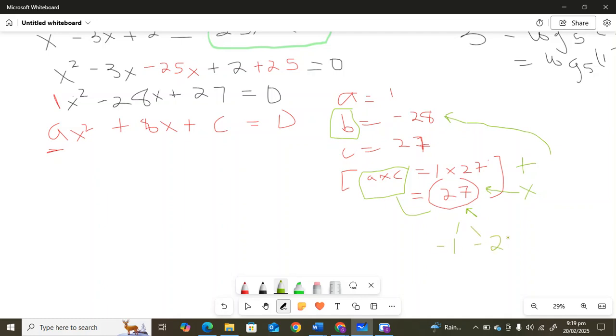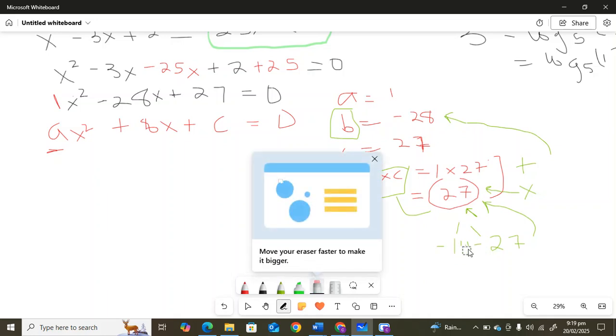Negative 1 and negative 27. When you multiply negative 1 times negative 27, you get positive 27, right? When you add negative 1 plus negative 27, remember positive and negative make negative.